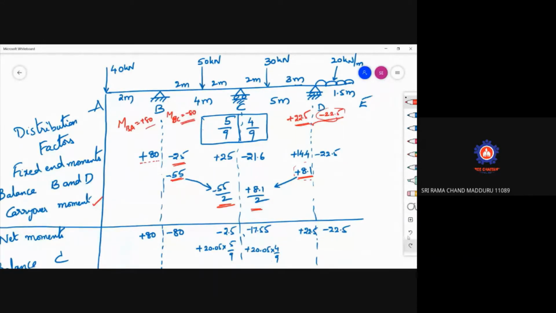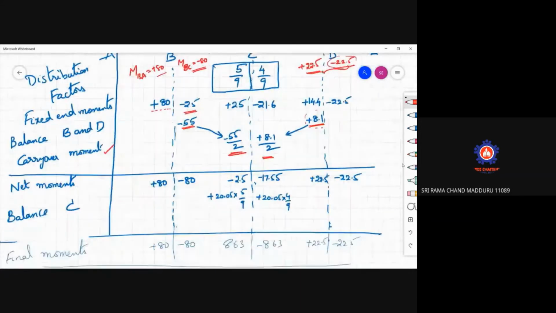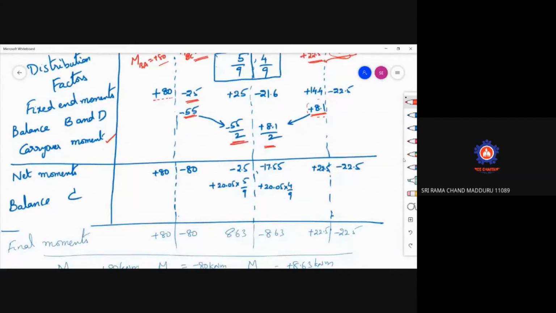Now you can write down the net moments. When you write down these net moments, you will get plus 80, minus 80, minus 2.5, that is, the addition of plus 25 minus 55 by 2, which is minus 2.5, and this value is minus 17.55.